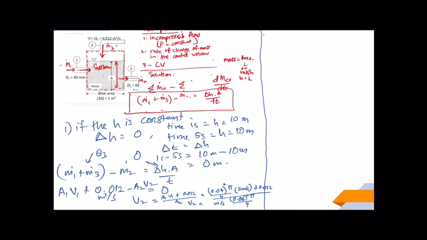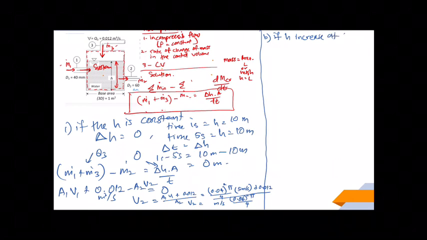How about question B? Question B: if H increases at 4 mm per second, so what it means by increase by 4 millimeter per second, delta H equal to 4 mm per second.